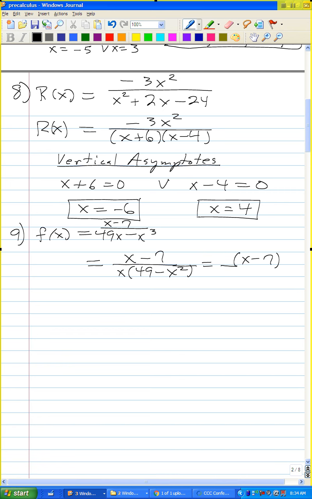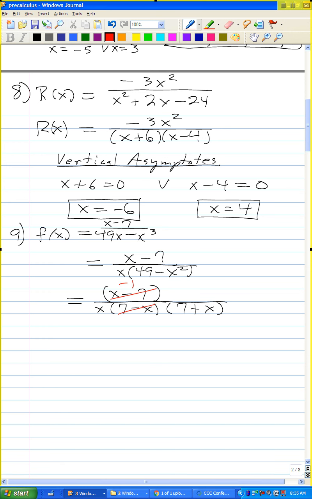So I get x. Now let me put it down here. So I get, factoring the 49 minus x squared, x minus 7 and 7 plus x. Okay. But notice that I could actually cancel these out. So I could actually cancel this guy with that guy.